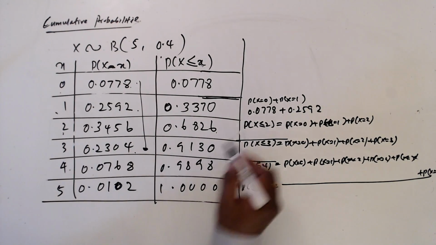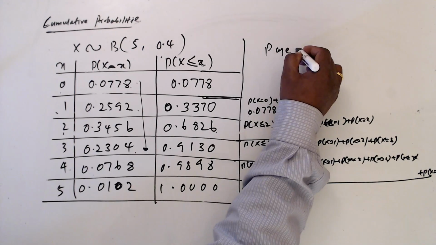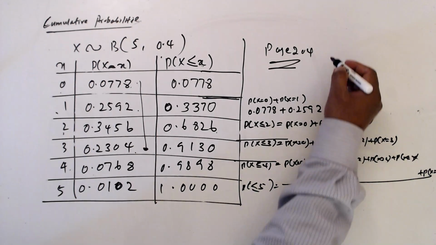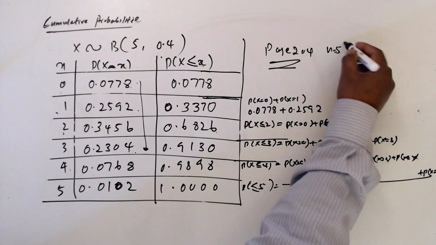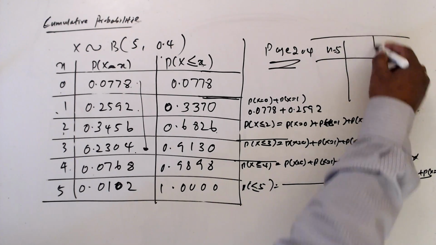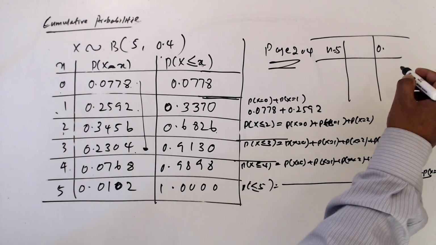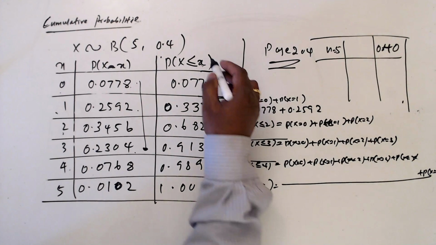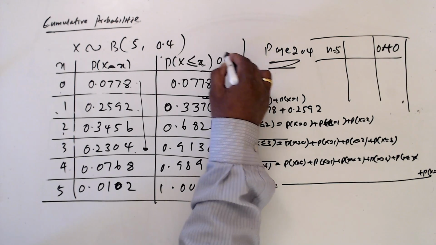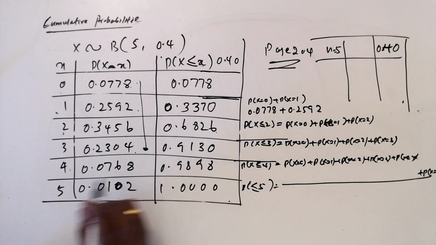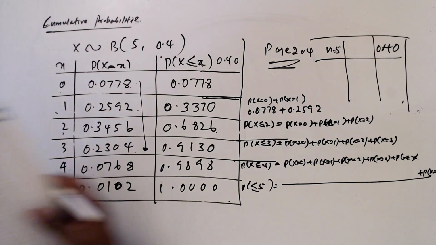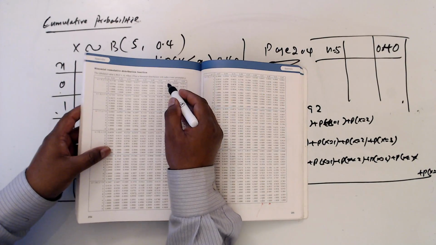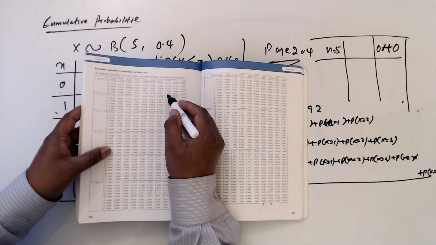So now if you go to page 204, and then you can check n equal 5, and the probability 0.40. If you look at this one, you can see that this is the 0.40 cumulative probability in the book. So you can see all the probabilities here, cumulative probability.